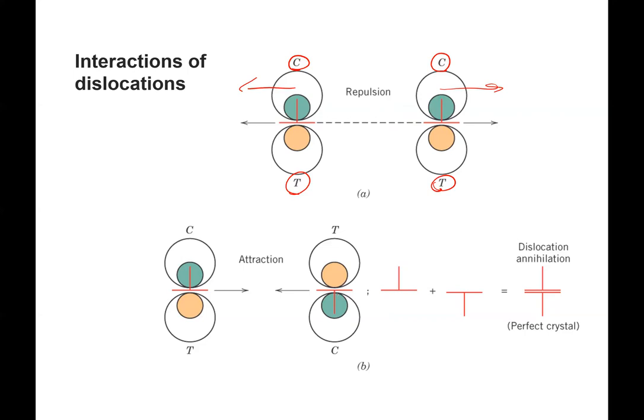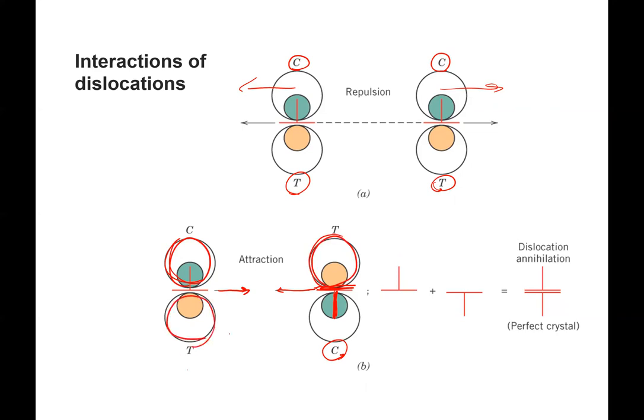If, for example, we had the extra half plane on the bottom, then this one's going to have the compression on the bottom, right? The side with the extra atoms, extra half plane. And now these are unlike sign, so they actually attract. Because now this compressive stress in this region is going to cancel with the tension in this region.